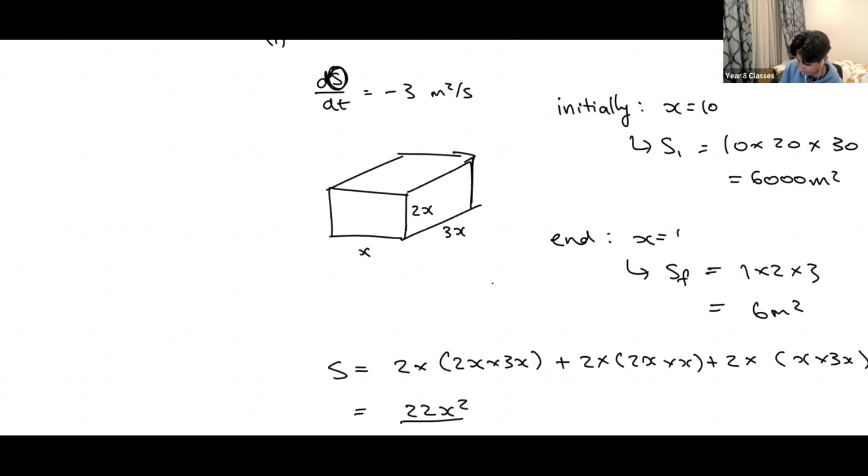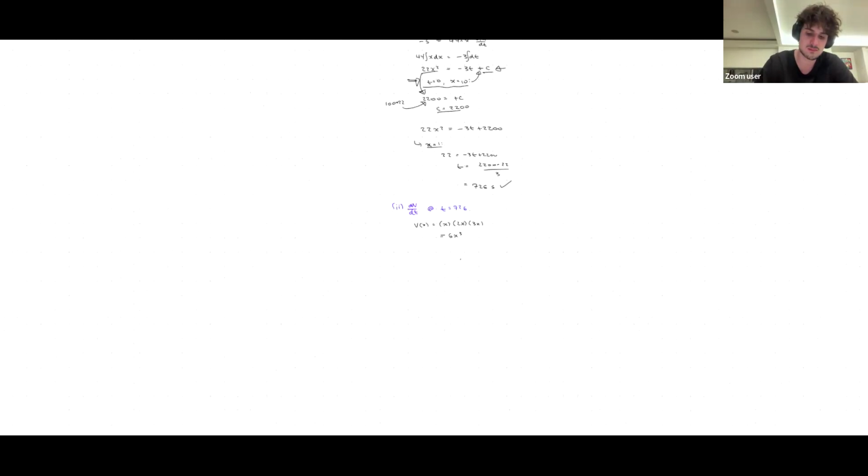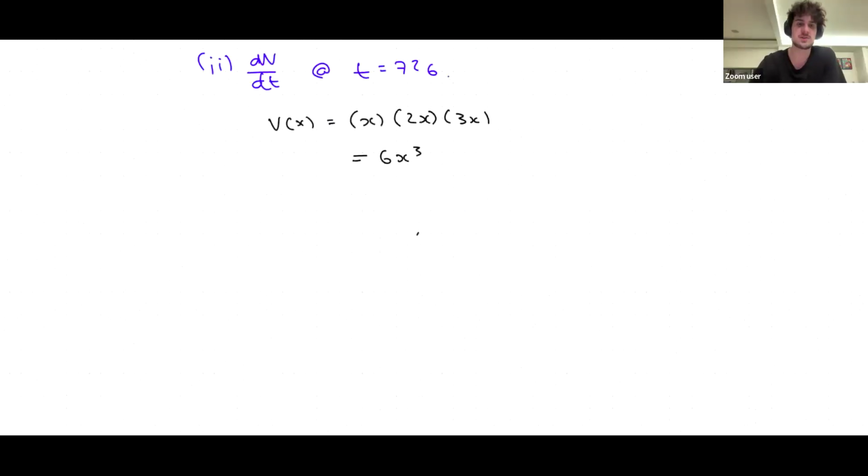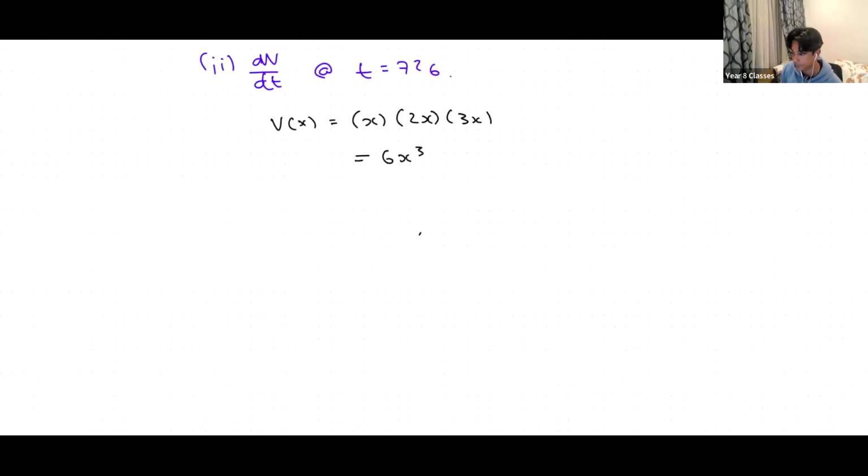Exactly, so that's just going to give you 6x cubed. When it's dV on dt, that means volume, right? Yes, it does.